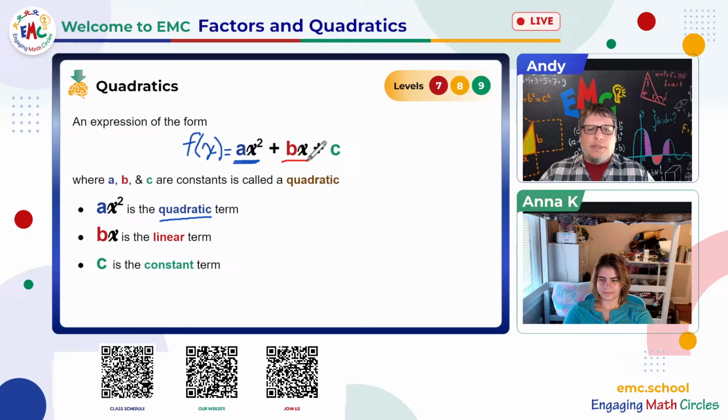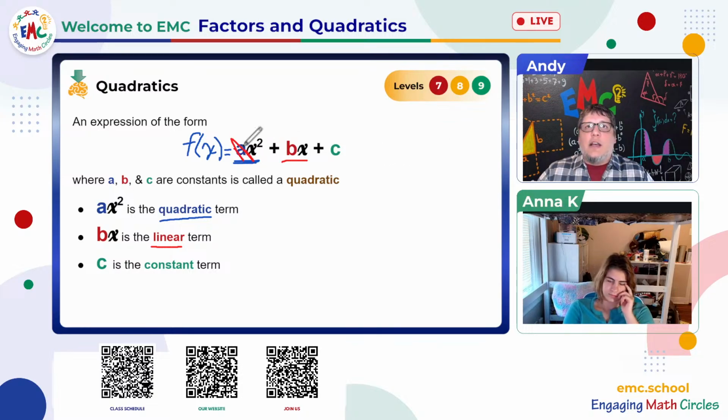What do we call this term here, Anna? The linear term. Why is it linear? Because it only has x to the power of 1 next to it. A basic linear function would look like y equals some amount of x plus a constant.